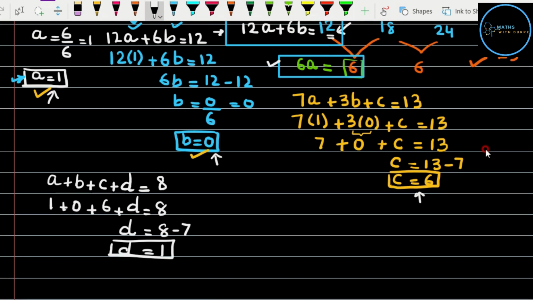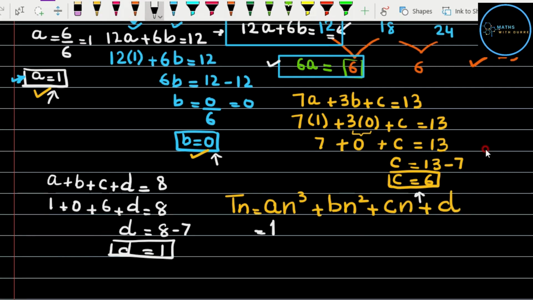Finally we need to substitute all the variable values in the general formula, that is an³ + bn² + cn + d.